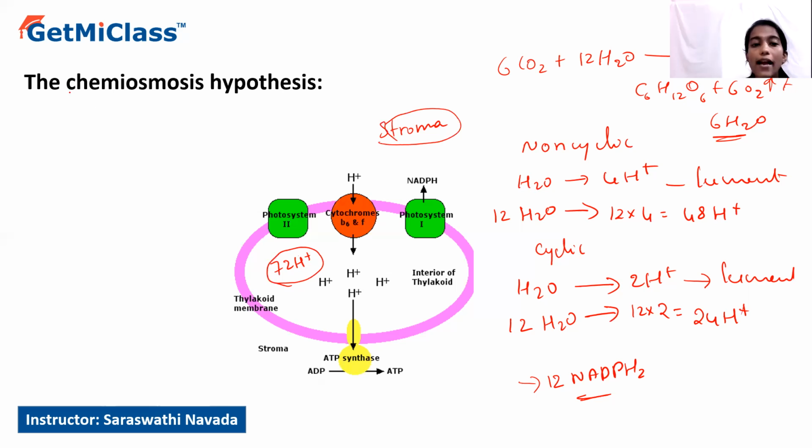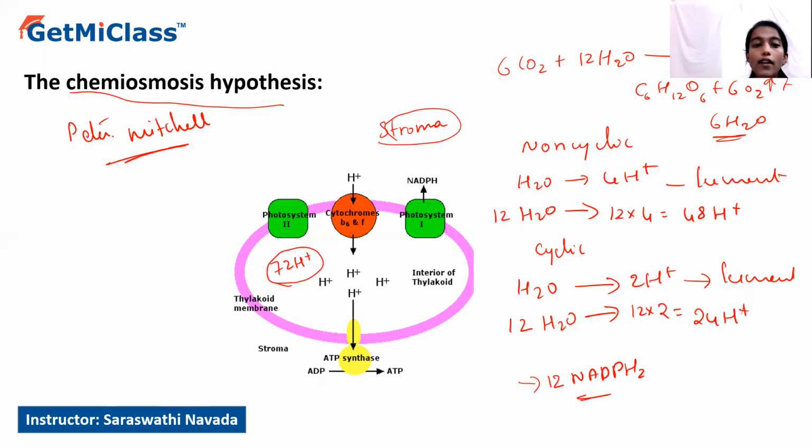It can be explained through the chemiosmosis hypothesis, which was proposed by Peter Mitchell. He gave the concept of the chemiosmosis hypothesis, which explains ATP synthesis in photosynthesis. The same concept is used in respiration also.